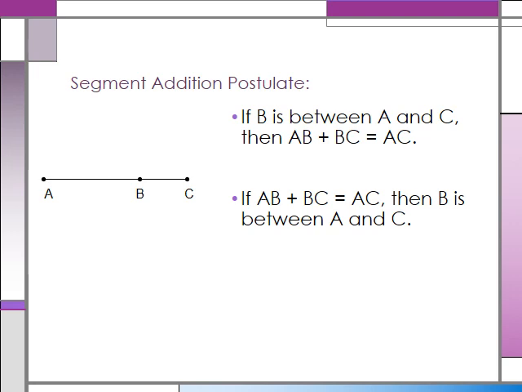We also have this thing called the segment addition postulate. It says that if B is between A and C, then the distance between A and B plus the distance between B and C is equal to the distance between A and C. And if AB plus BC is AC, then B is between A and C. That's the converse, and that's also true, so you could write a biconditional for that.